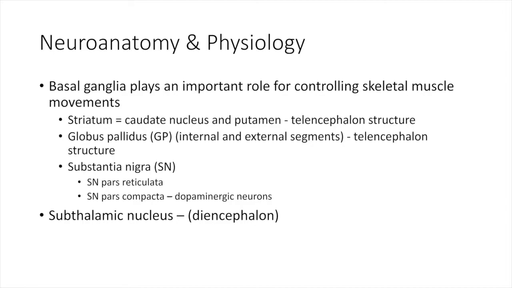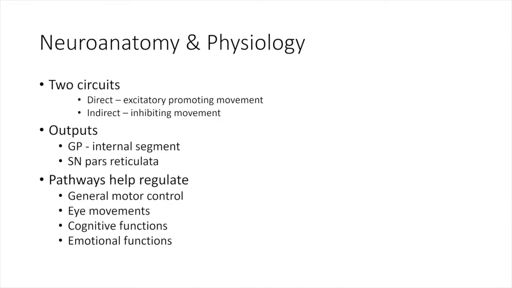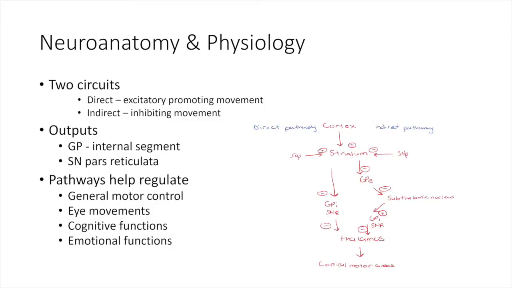Going further into the various circuits that we're referring to in this disorder, there are two key things that we need to mention within the basal ganglia and the systems involved. There is the direct pathway, which results in an excitatory effect, so promoting movement. And there is an indirect pathway, which is important for inhibiting movements.